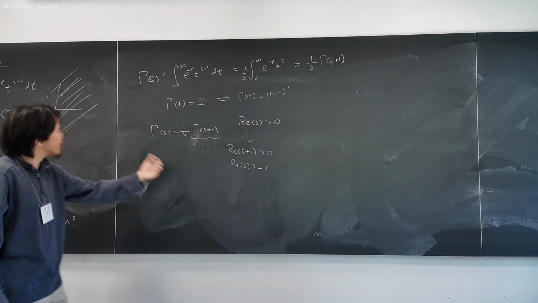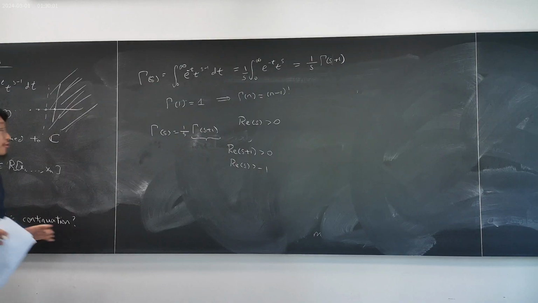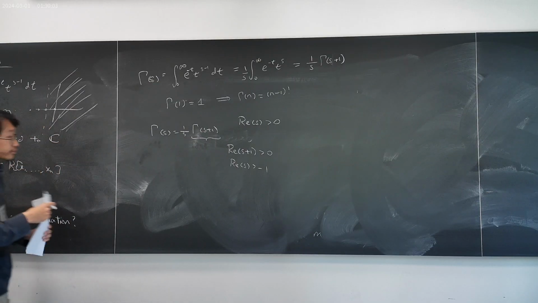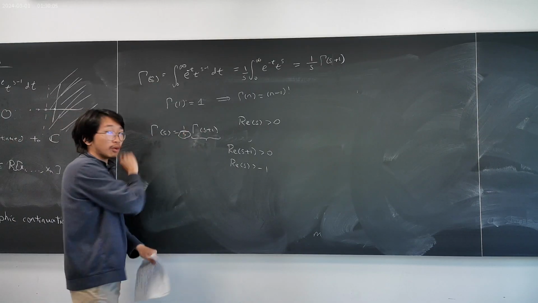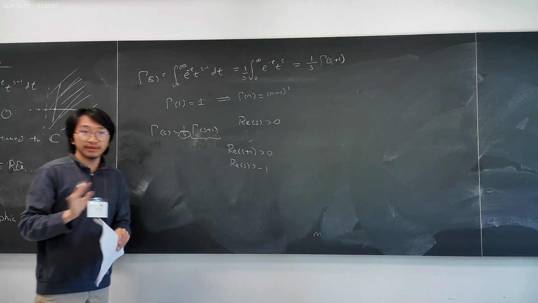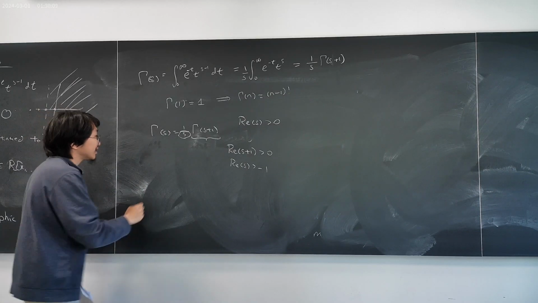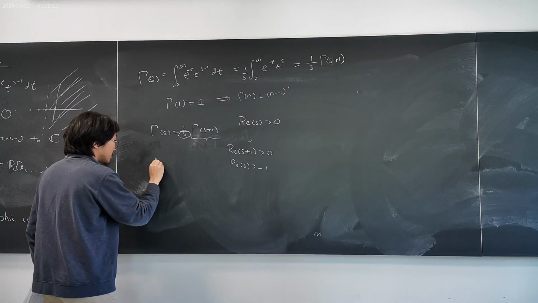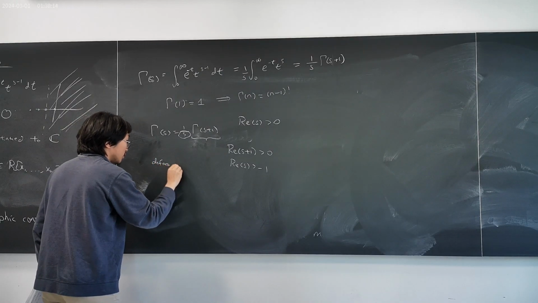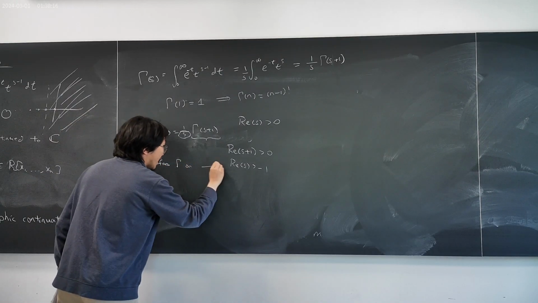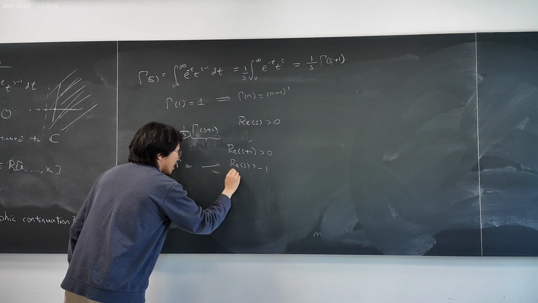And this will agree with our previous definition. So this extends the gamma function to a bigger domain. Of course, it incurs a pole at s equals 0, but that's fine. This defines gamma on this domain with a pole at 0.